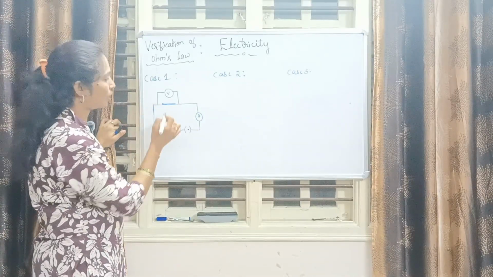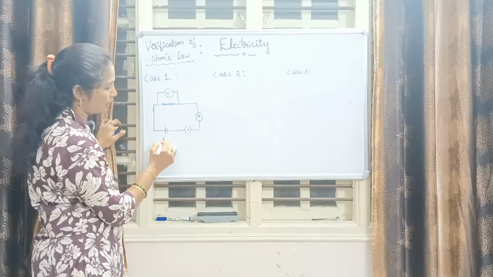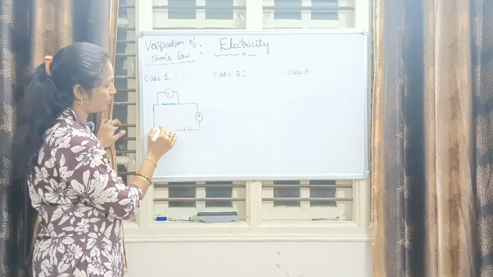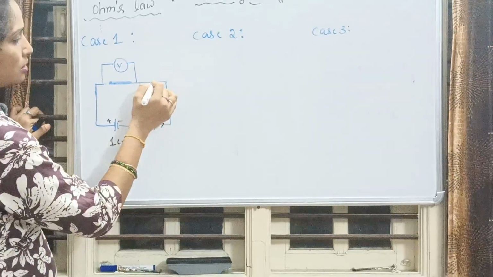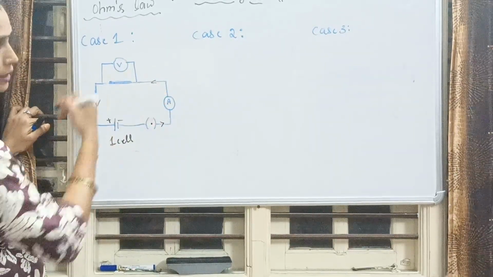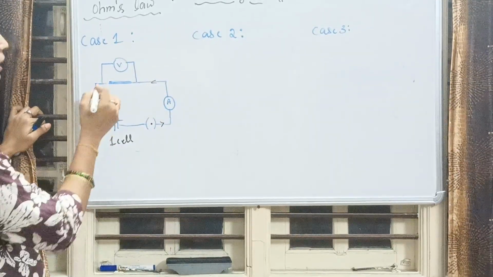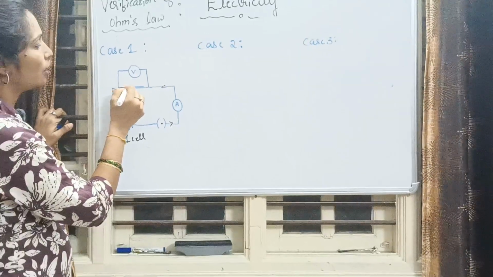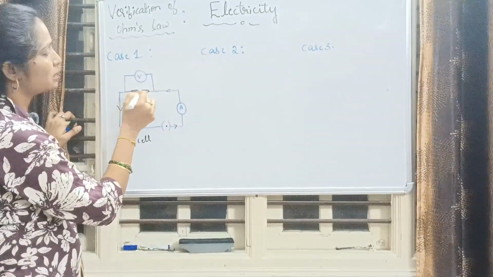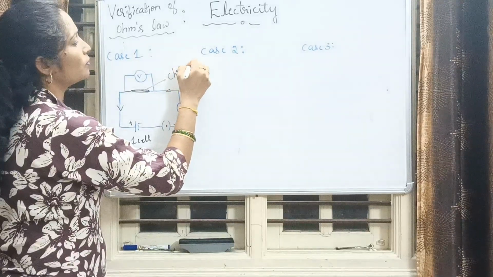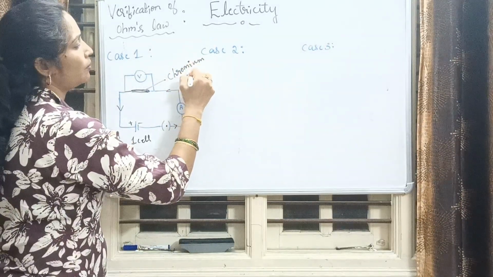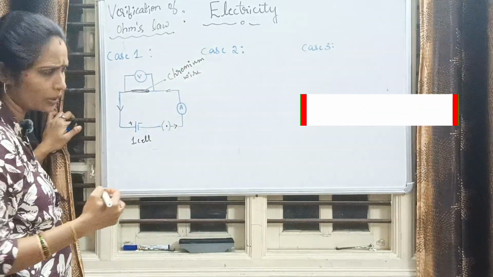In the first case, just note down, I have taken one cell here. The current is passing, the generation of electricity is happening. Here I have taken chromium wire instead of copper, guys. What is this chromium wire?